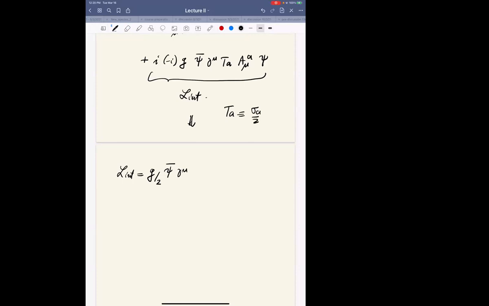So what do I have here? Please make sure I don't make a mistake. There is A mu 3 with a minus sign, right? This is Pauli matrix 3. The other two are off diagonal. So there is here 1 minus i A mu 2 plus A mu 2 psi.